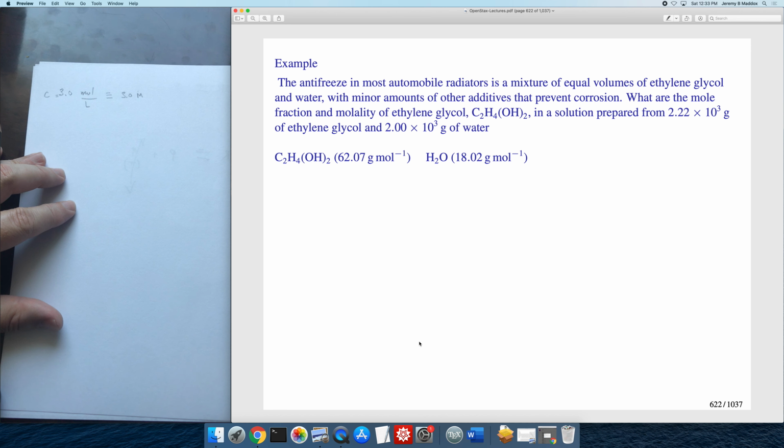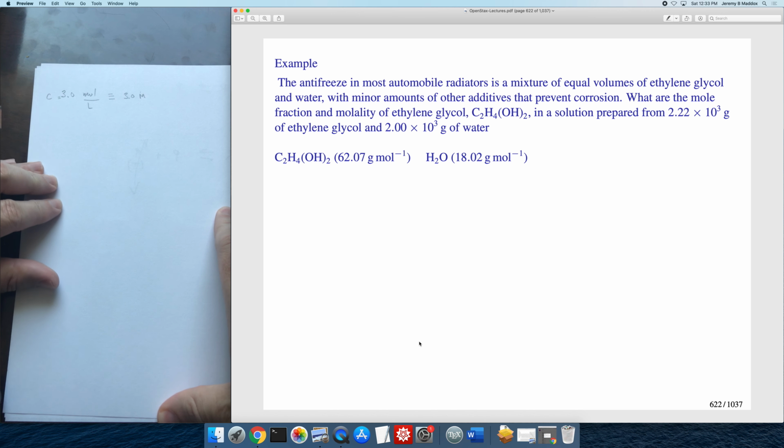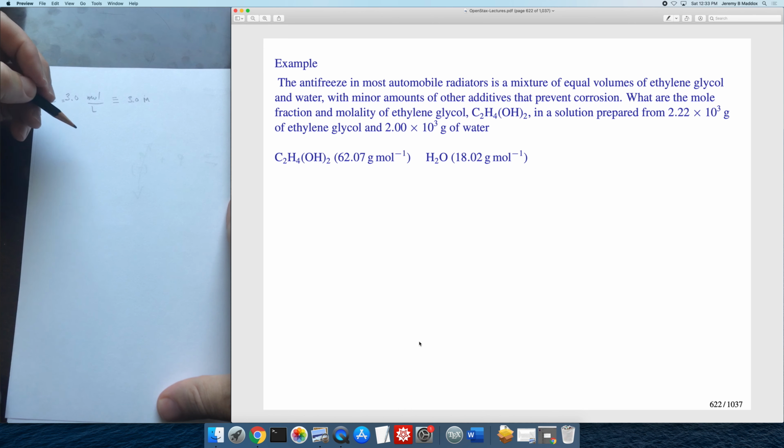We have equal volumes of ethylene glycol and water, and we're being asked to calculate the mole fraction of the ethylene glycol and the molality of the ethylene glycol. Notice they give us grams, so we have around 2 kilograms of each. And so what we want to do in order to calculate, let's start with the mole fraction.